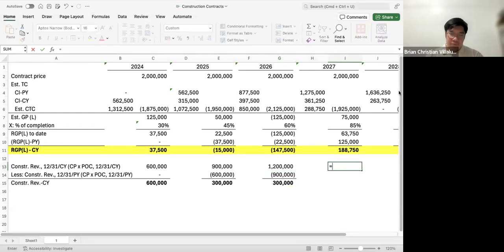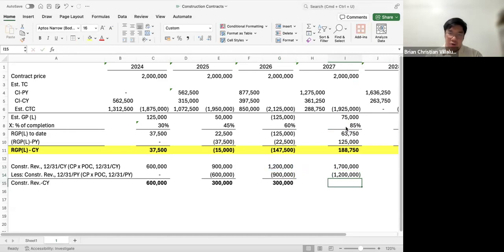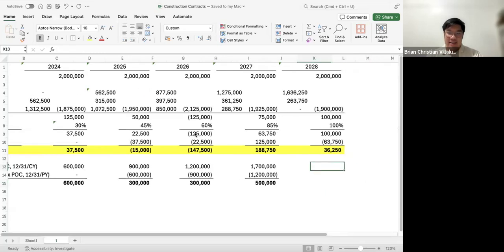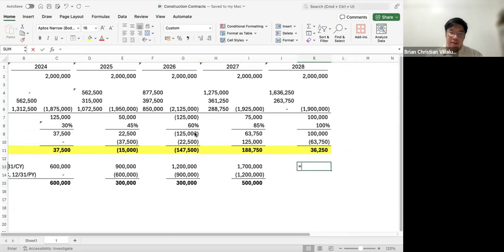2027, ganun ulit. 2 million times 85% less 1.2 million. Oh, magkano ito? That is 500,000. Okay? So nakukuha nyo, di ba? Nakukuha nyo yung formula natin. Next, 2028.